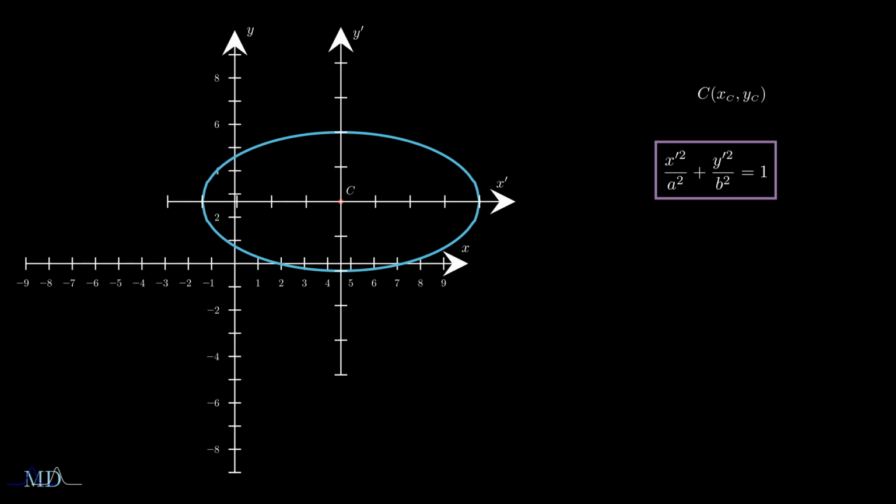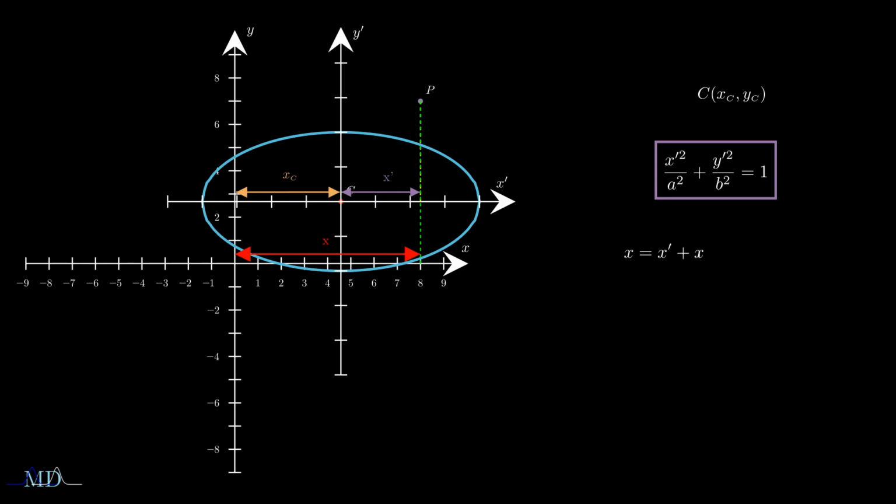If we find the relationship between coordinates of the two frames, we'll find the equation of the ellipse of center xc and yc. Let's consider a generic point P. It can be described by the coordinates x and y in the first coordinate system, and by the coordinates x' and y' in the second coordinate system.